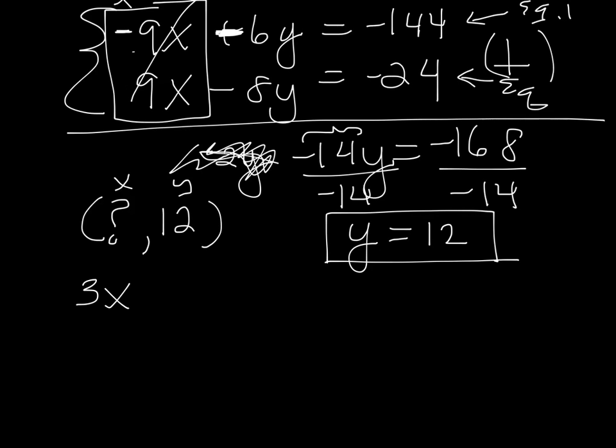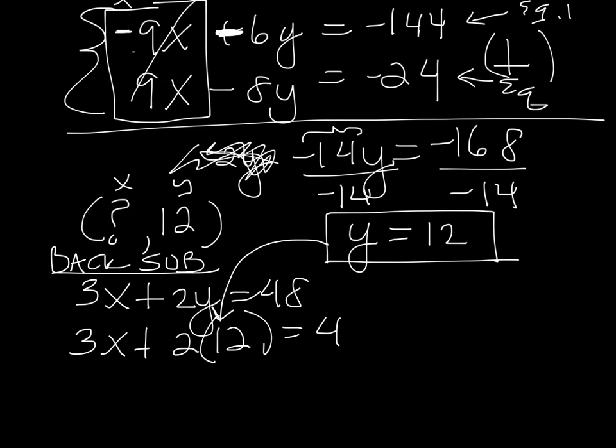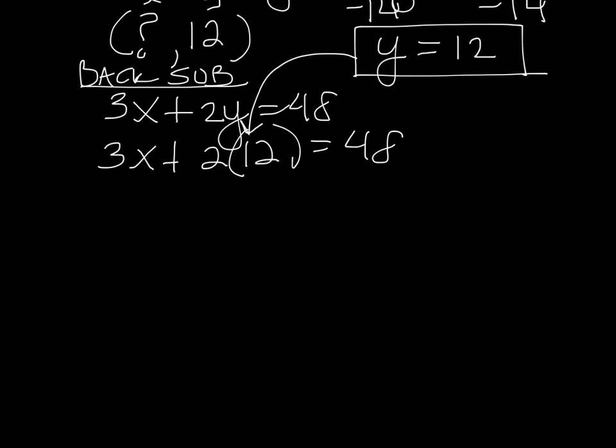This is actually back substitution. 3x plus 2y equals 48. So 3x plus 2, and then what's y? Well, it's 12, I just found y. Equals 48.